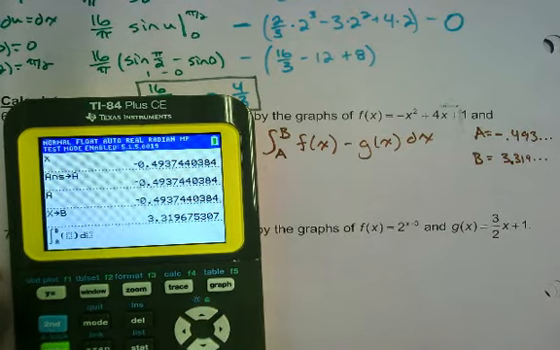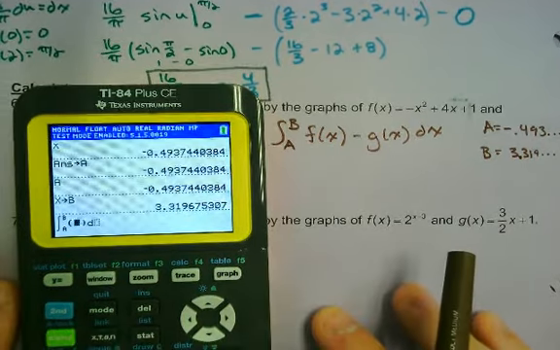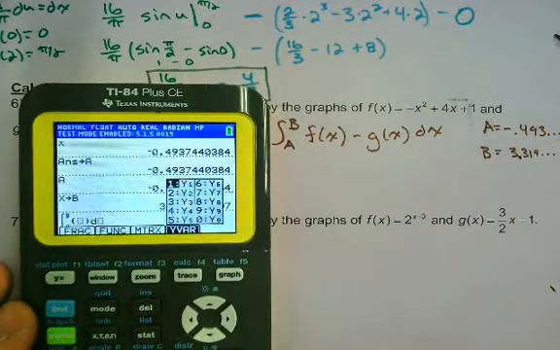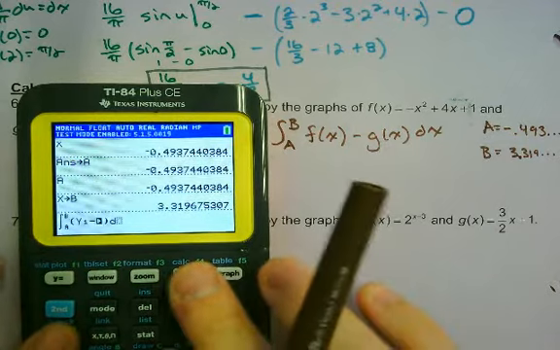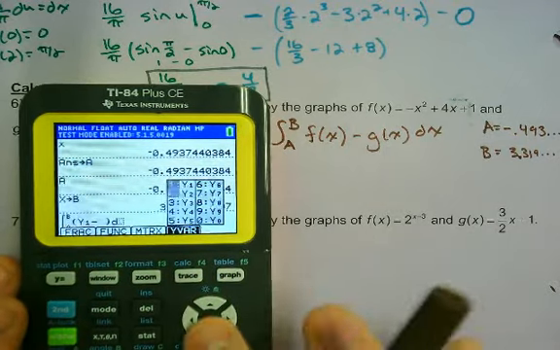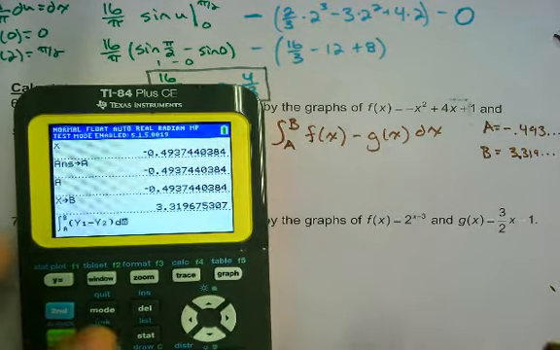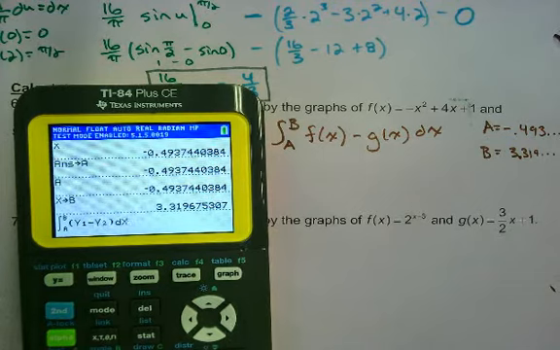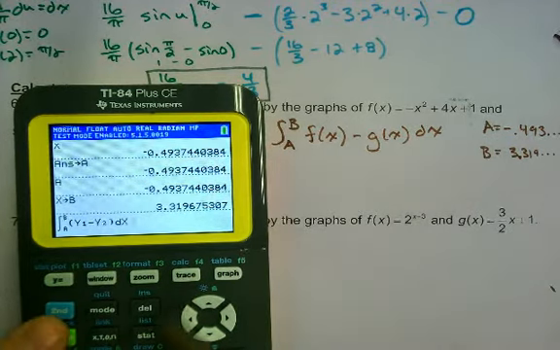What was my f of x? I typed it in already. Wait. Never mind, that's right. Y1, so hit alpha F4, pull up Y1, minus alpha F4.